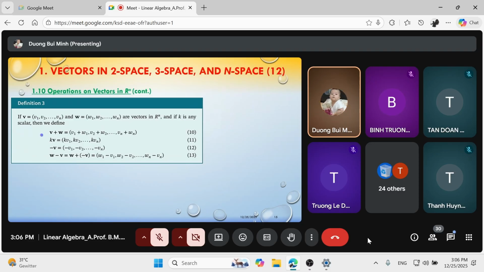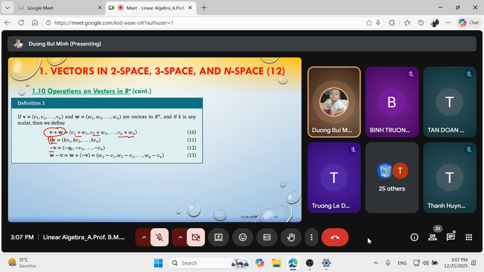So now we have v plus w. This is addition, right? So we have the element v1 plus the element w1, v2 plus w2, up to vn plus wn. k times v, where k is a non-zero scalar, we have kv1, kv2, up to kvn.